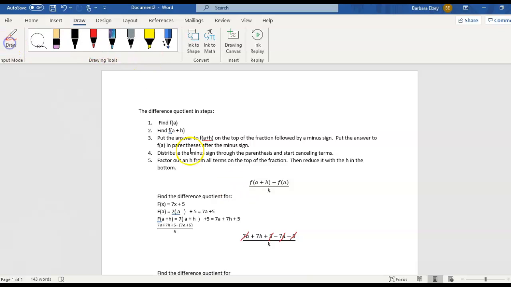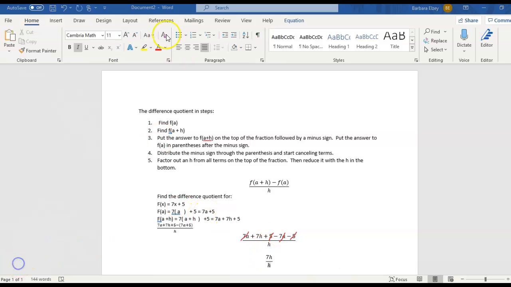So now let's see what we've got left here. Oops, I guess when I do that, it moved over. Let's see if I can go back and move it back. There it goes. And I'll just go to another line without hitting return. All right. So I now have 7h on top and an h on the bottom. And since I've really just got a single term here on the top, I can cancel the h with the h.